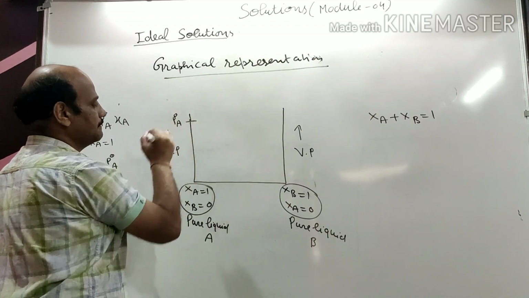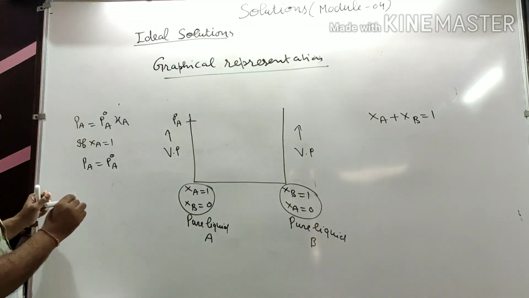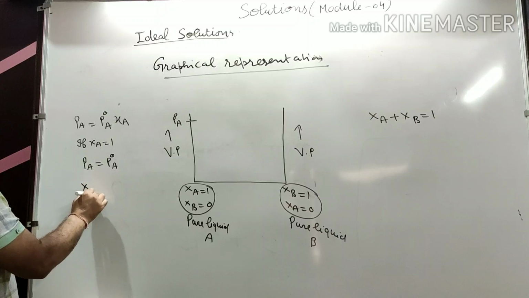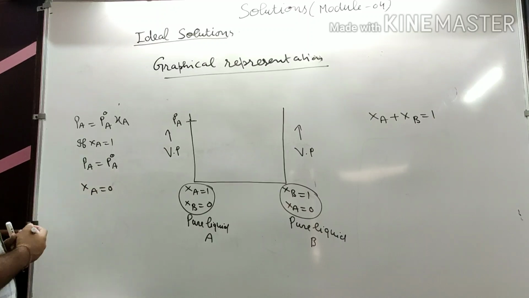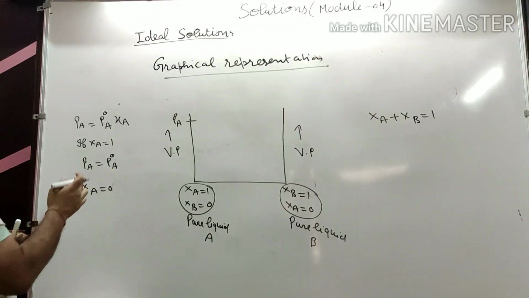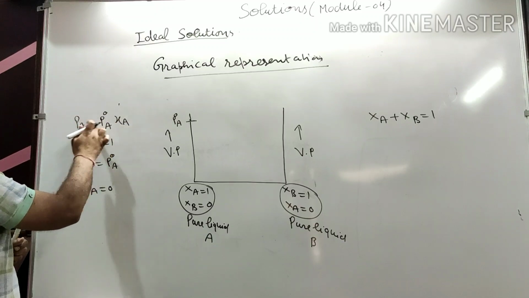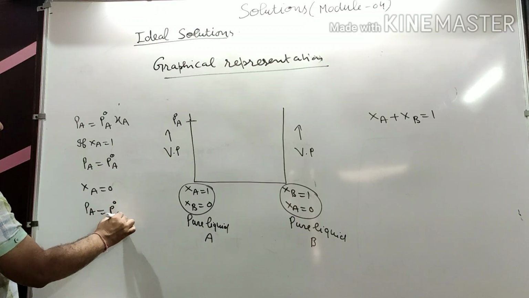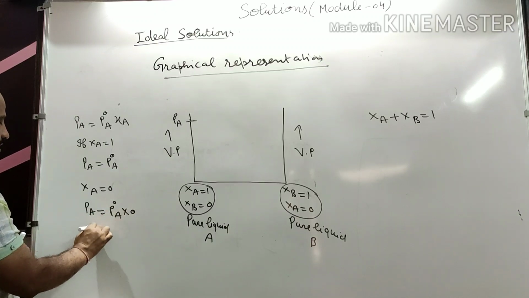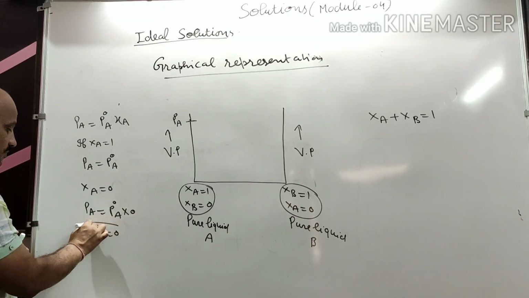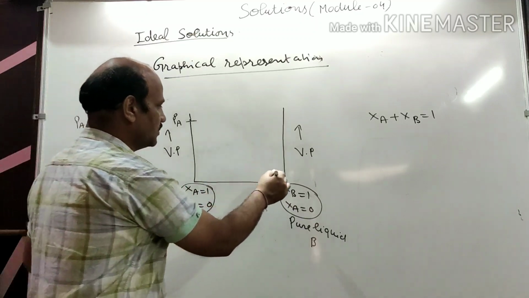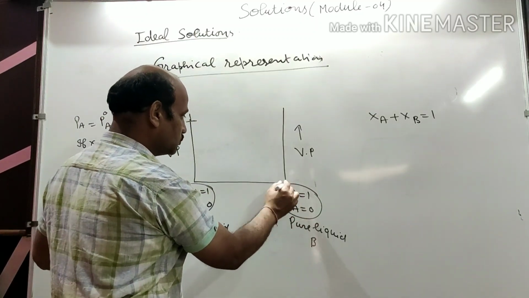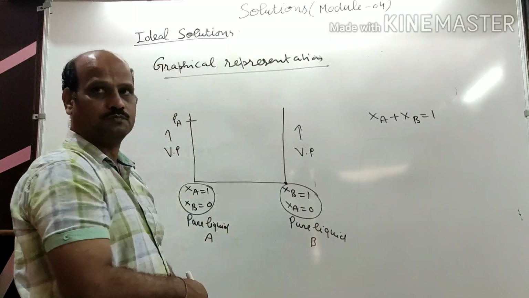Now, if XA is equal to 0, students, then put here, PA is equal to P naught A XA. क्या है? 0. So this will be 0. Vapor pressure will be minimum, and when XA is equal to 0, vapor pressure is here, 0.